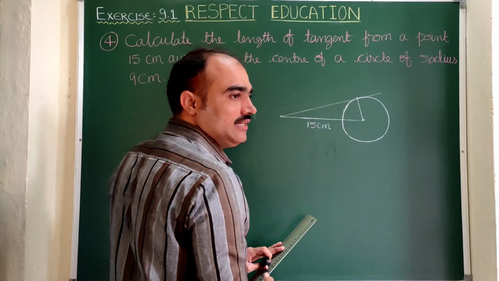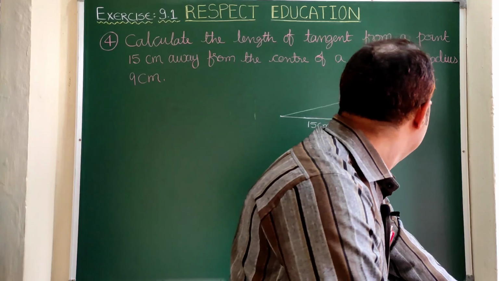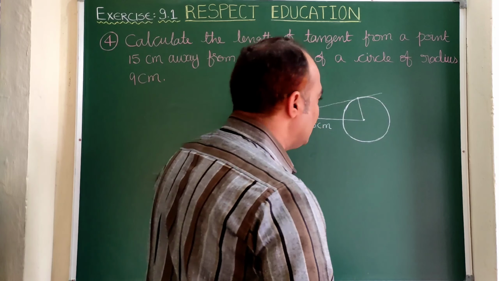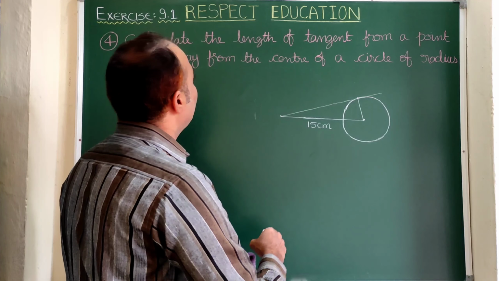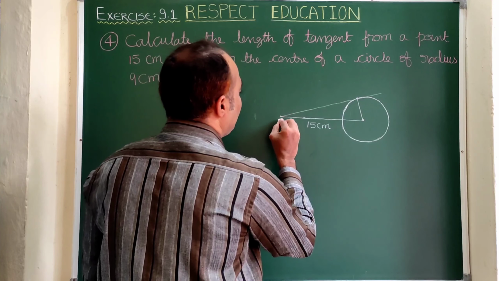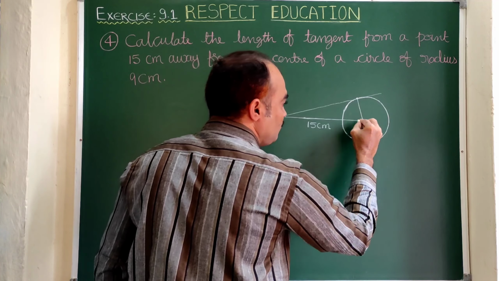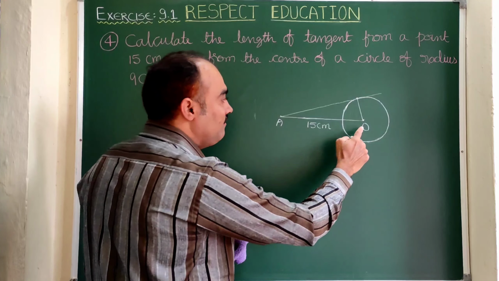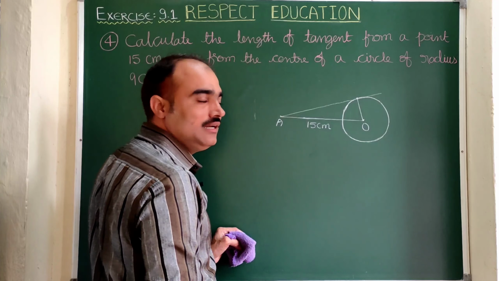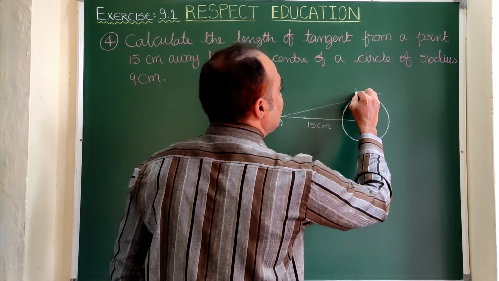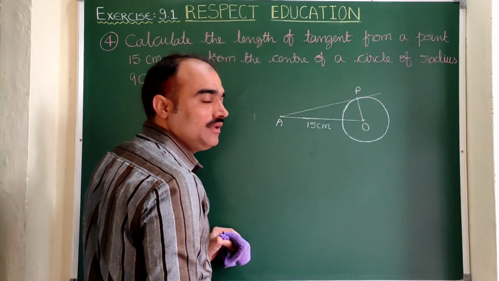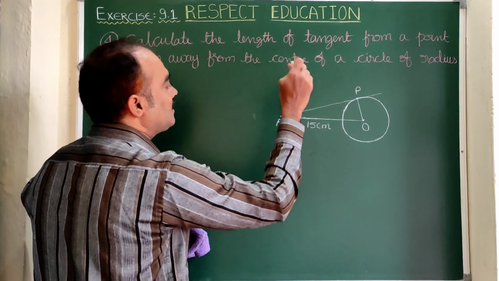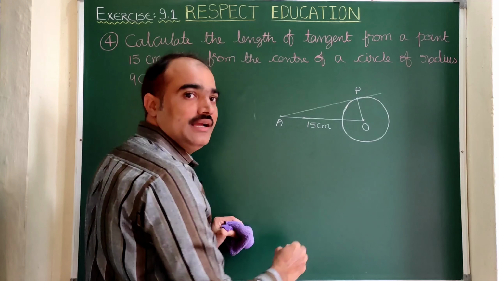Now the question is that, here let us write the given values. Length of the tangent, for example here I am taking this center as O and this external point as A, which is 15 centimeter distance from O, and let us take this point of contact is P. Now here the question is to calculate the length of the tangent, means we need to find AP.